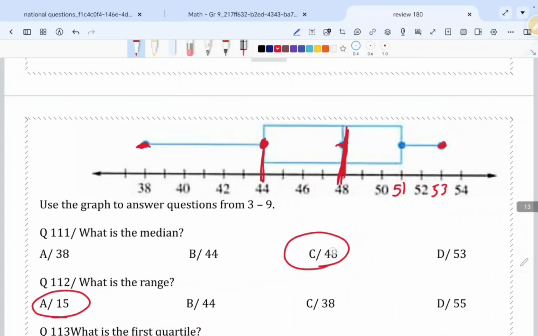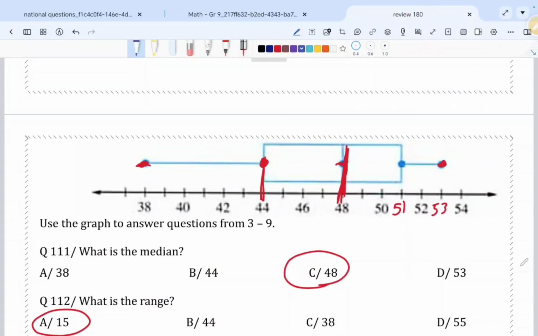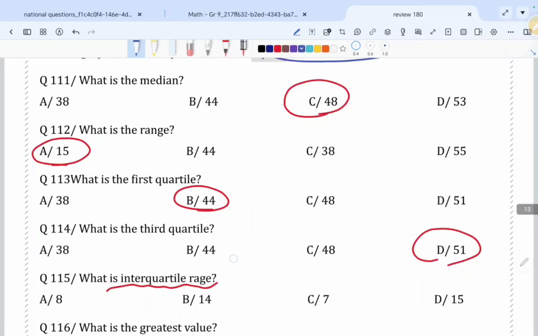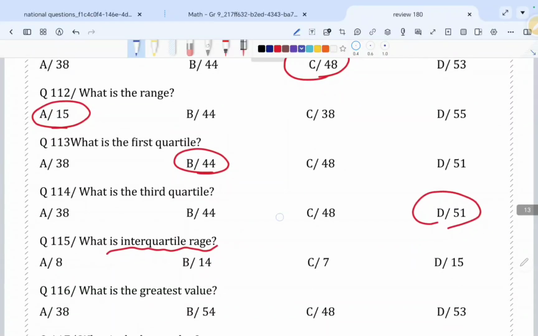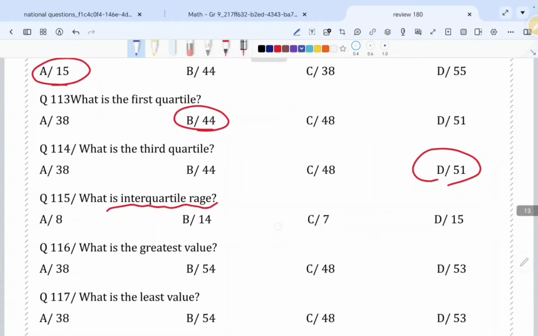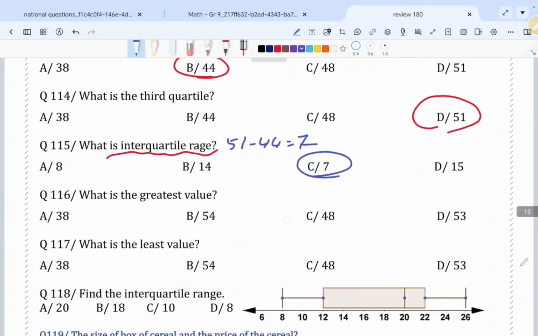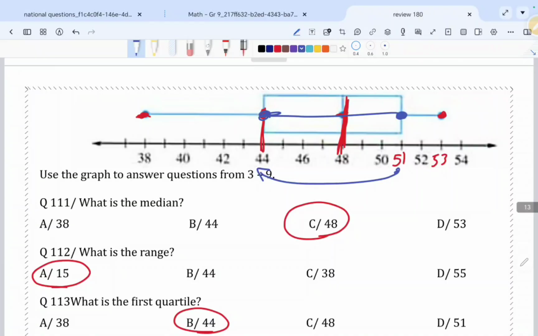Interquartile range: look, the third quartile minus the first quartile, so 51 minus 44 will be the interquartile range, which is equal to 7. What's the greatest value? Here is the greatest value.